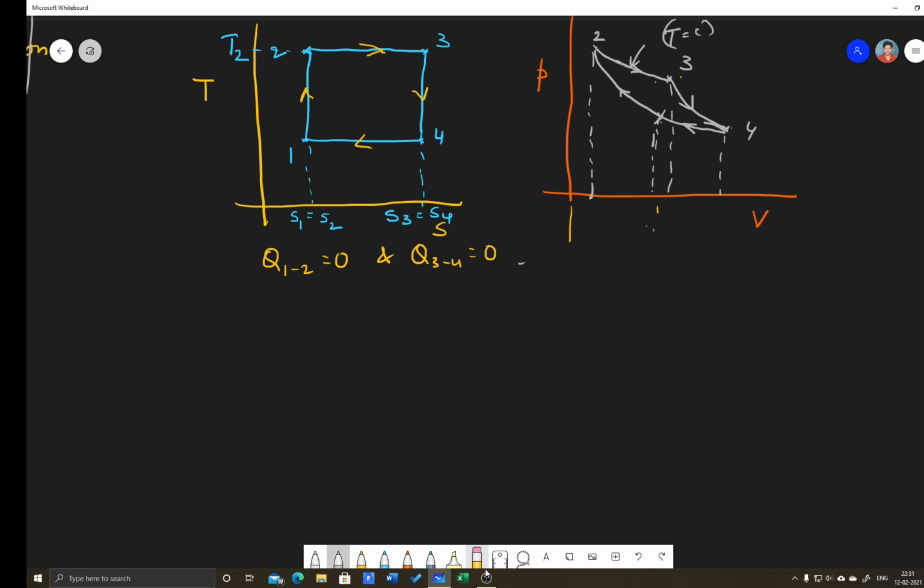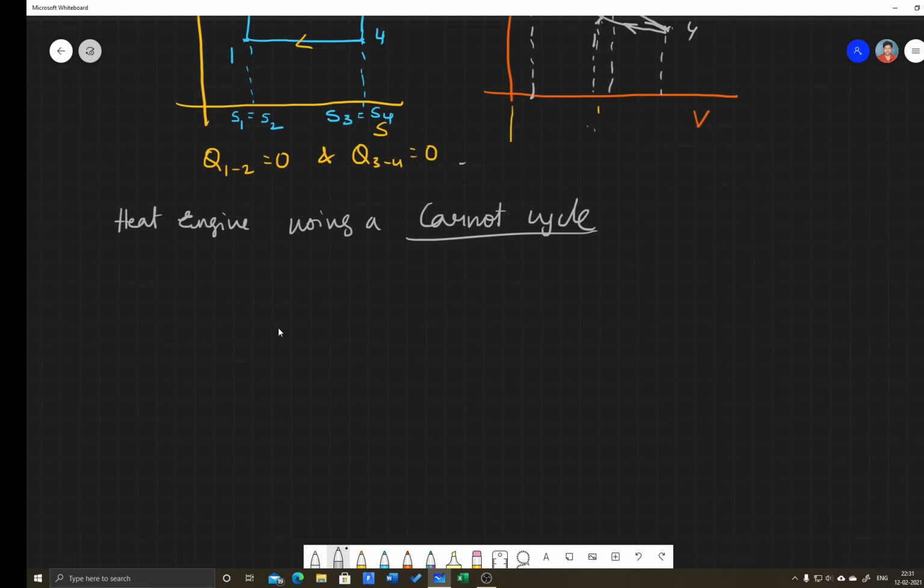Okay, so if you run a heat engine using a Carnot cycle, it is called Carnot heat engine, and this will have the maximum efficiency of a heat engine.